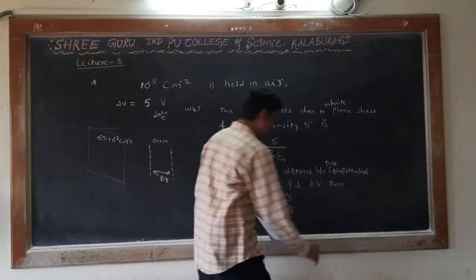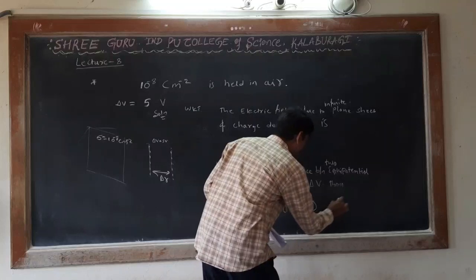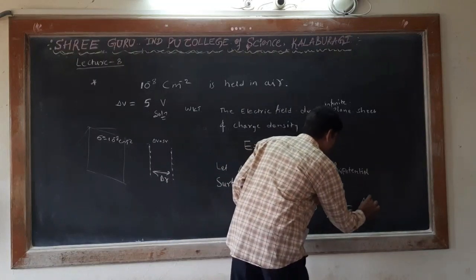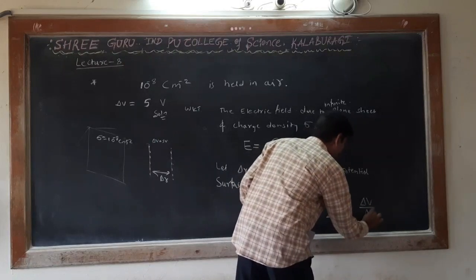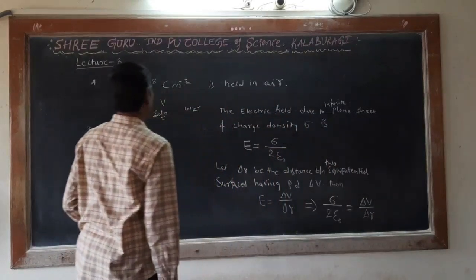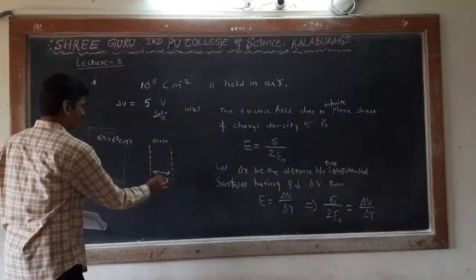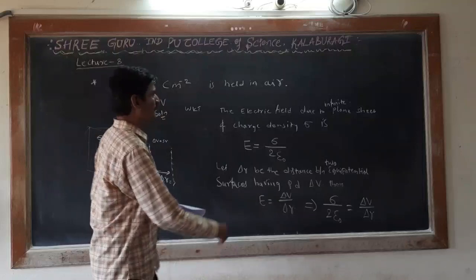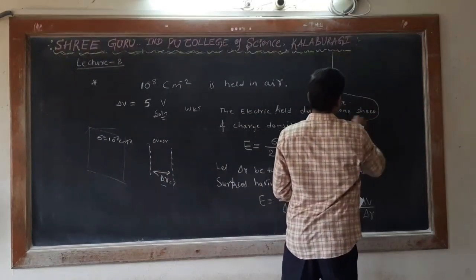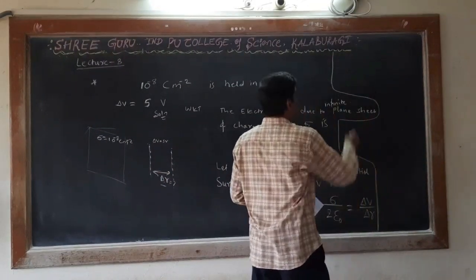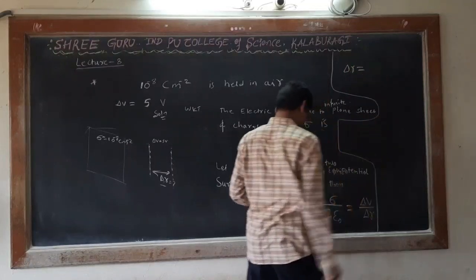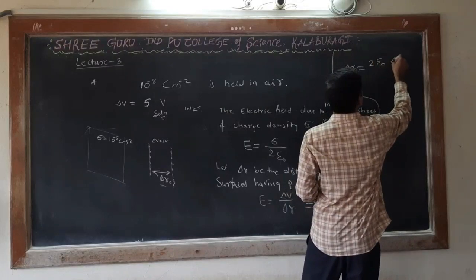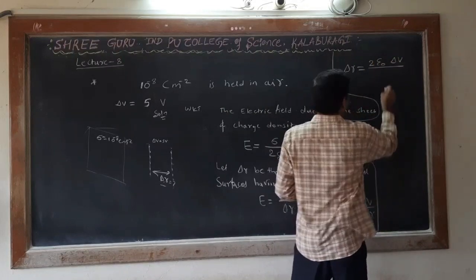On substituting, sigma divided by 2 epsilon naught is equal to delta V divided by delta R. We want the distance delta R between these two surfaces. So delta R is equal to 2 epsilon naught delta V divided by sigma.